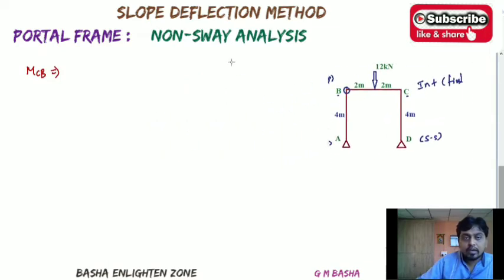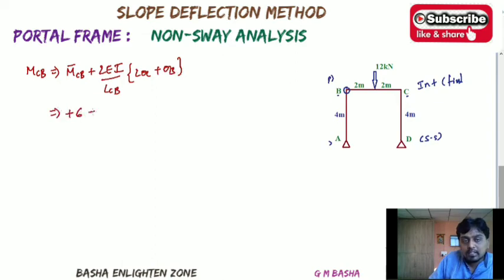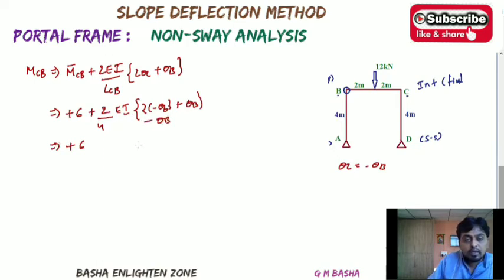For calculating MCB, for the fixed support condition, take down the formula: M bar CB plus 2EI by LCB into 2 theta C plus theta B. Again M bar CB will be equal to plus 6, 2 by 4 EI, 2 theta C plus theta B. Due to symmetry, theta C will be equal to minus theta B, as we already took that condition. So it becomes plus 6, and the entire value becomes minus theta B, which gives plus 6 minus EI theta B by 2.